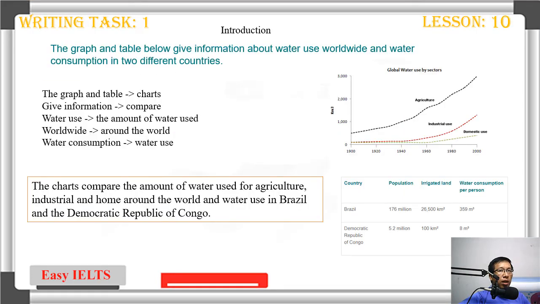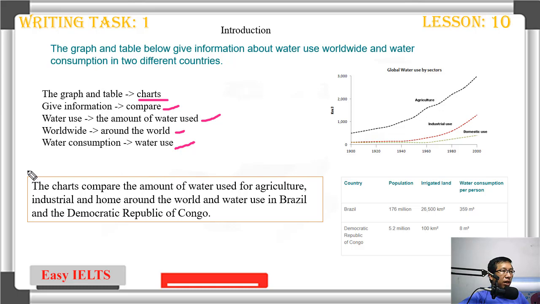Okay, now we start to write our introduction. For the introduction, all you have to do is just paraphrase the topic that you have. For example, the graph and the table, you can say chart; give information, you can say compares; water use, the amount of water used; worldwide, you can say around the world; water consumption, water use.